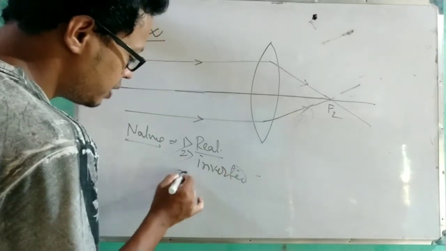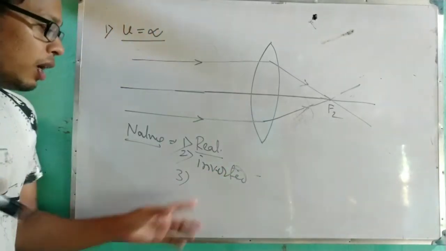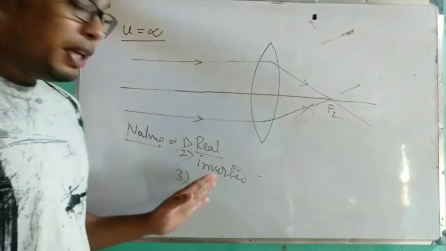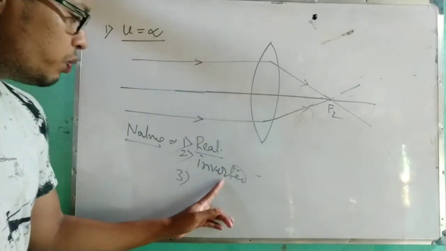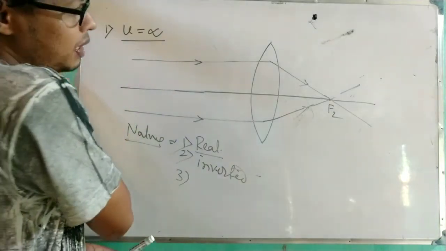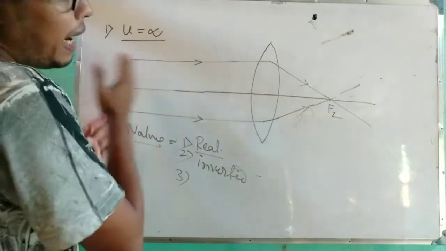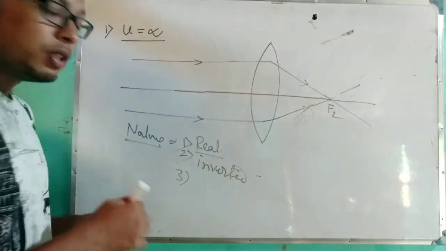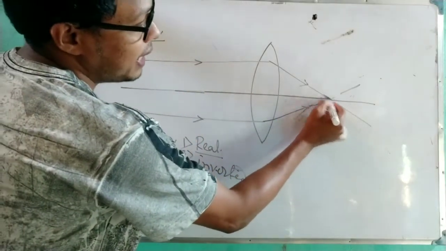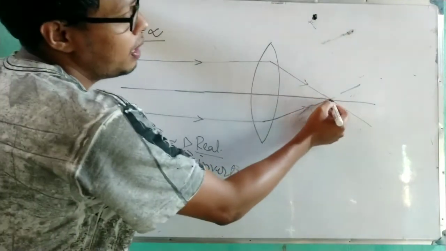Okay, number three, what is the nature of the image? Two natures we got, and number three: the object is placed at infinity, means far away from the lens. So obviously the image will be point sized.